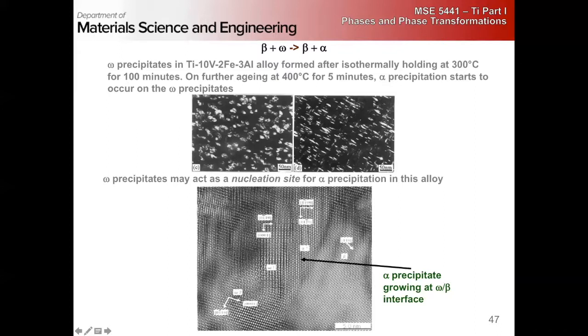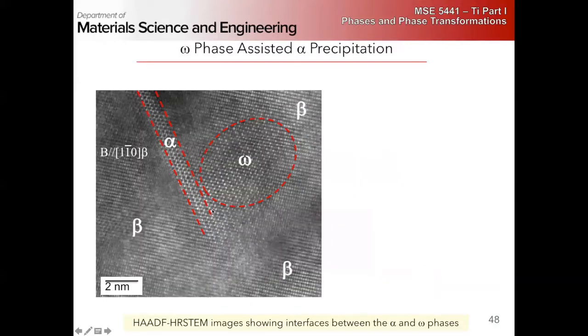We get fine omega, and here again, TEM images. It's hard to see on the screen, but here's a little easier, a high-res TEM. Here's omega. You can see alpha nucleating at this omega interface and growing into the surrounding beta.